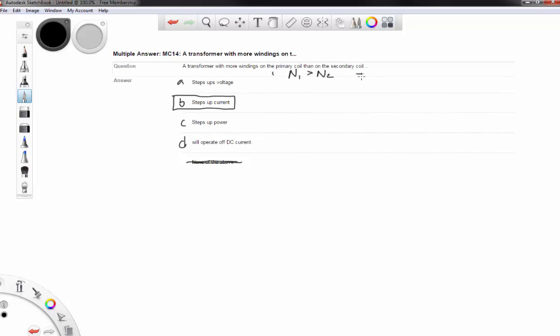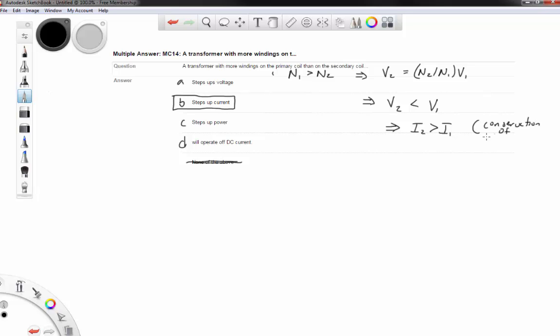Since V2 is N2 over N1 times V1, this implies that V2 must be less than V1, and by further implication, also that I2 must be greater than I1. Because remember, when you step down the voltage, you step up the current and vice versa. That's simply a conservation of energy thing.